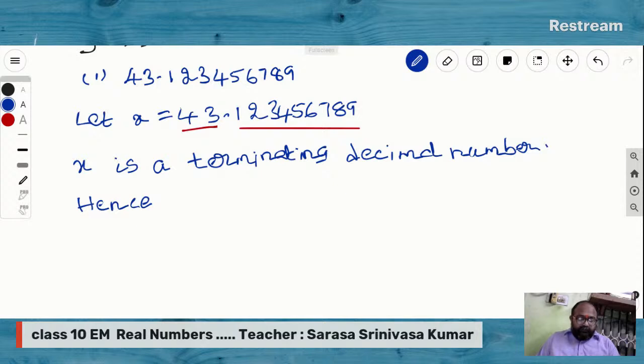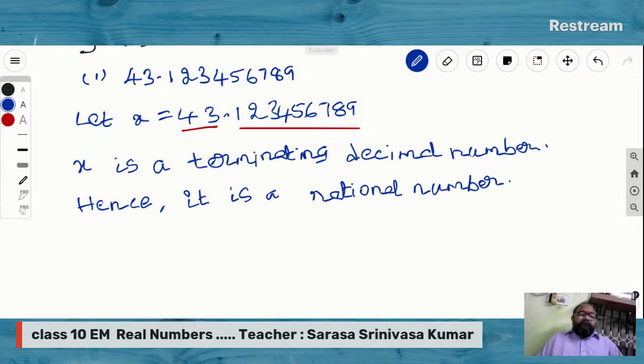So we know that a terminating decimal number is a rational number. Hence, it is a rational number.